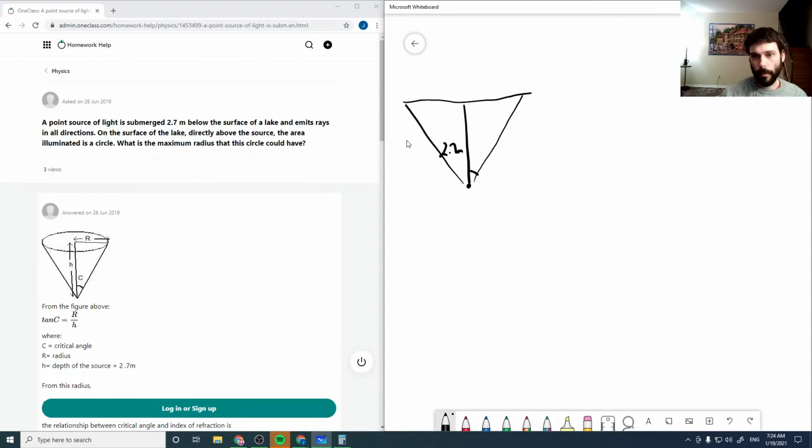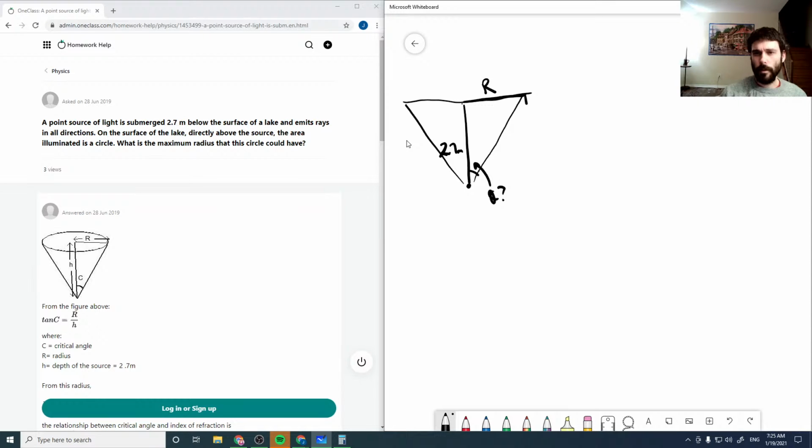So we're solving for our radius given the distance down the light source is. And so we basically need to just solve for what this angle is.